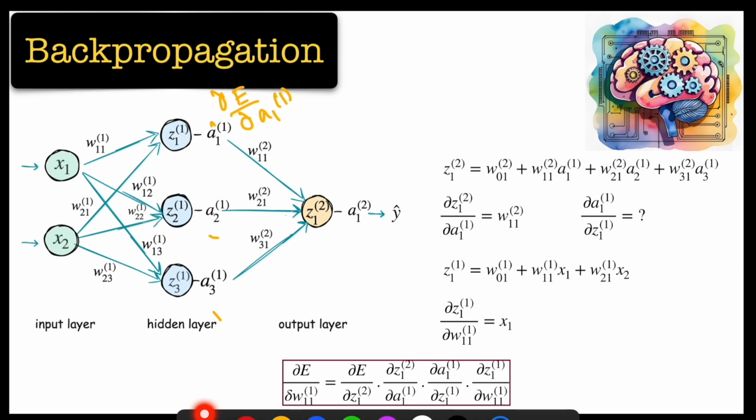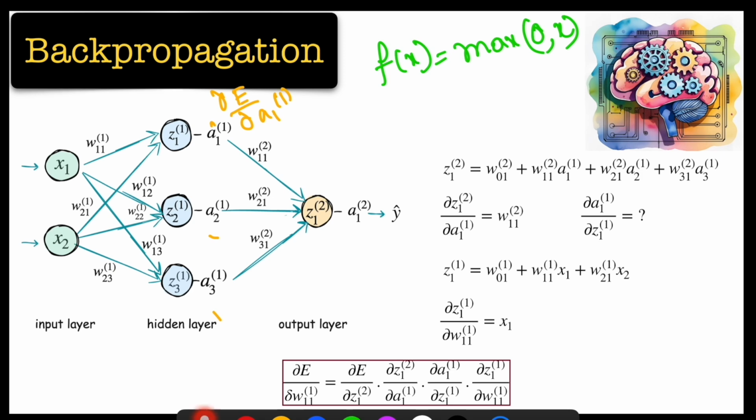That depends, because earlier in the output layer this a12 was a sigmoid function, right? Here in the hidden layer the most common choice for the activation function is ReLU. And ReLU is what? ReLU is f of x equals max of 0 or x.